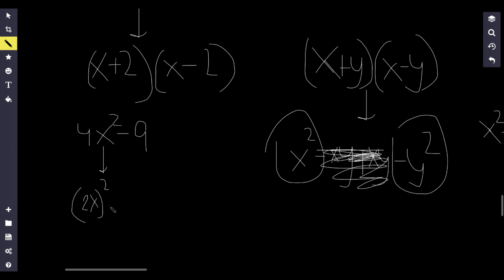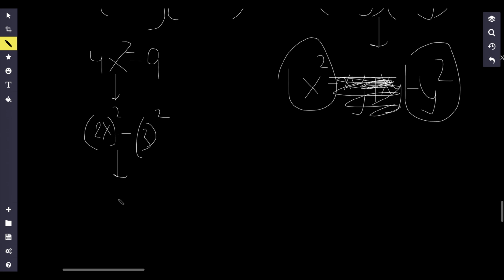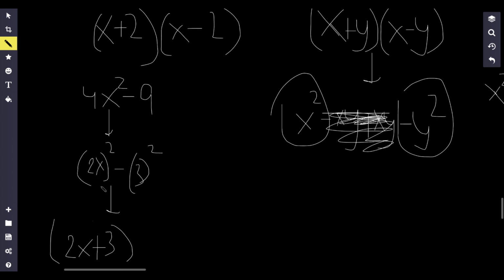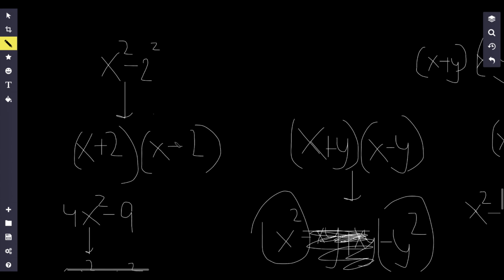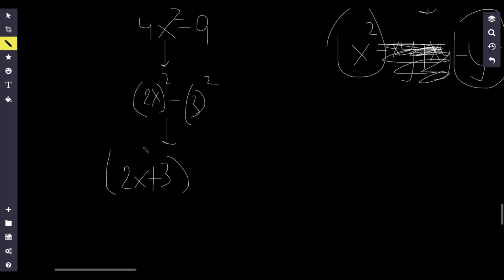I know minus 9 is the same thing as 3 to the second power. So I can rewrite this as, remember, x plus y, and then x minus y, right? Your x value is going to be, in this case, 2x. Your y value is going to be 3, right? So x plus y times x minus y.